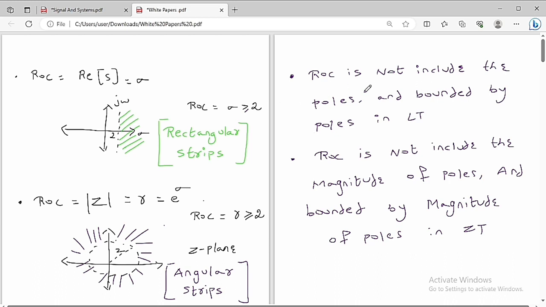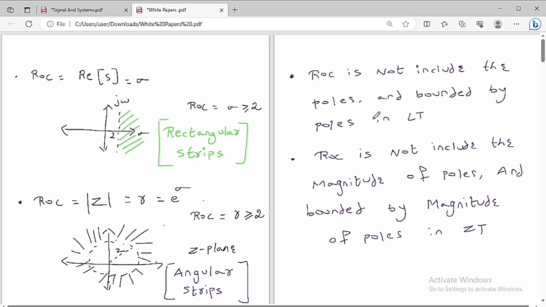In the case of the Laplace transform, the ROC is not going to include the poles, but it is going to be bounded by the poles. Whereas in the case of the Z transform, the ROC is not going to include the magnitude of the poles, but it is going to be bounded by the magnitude of the poles.